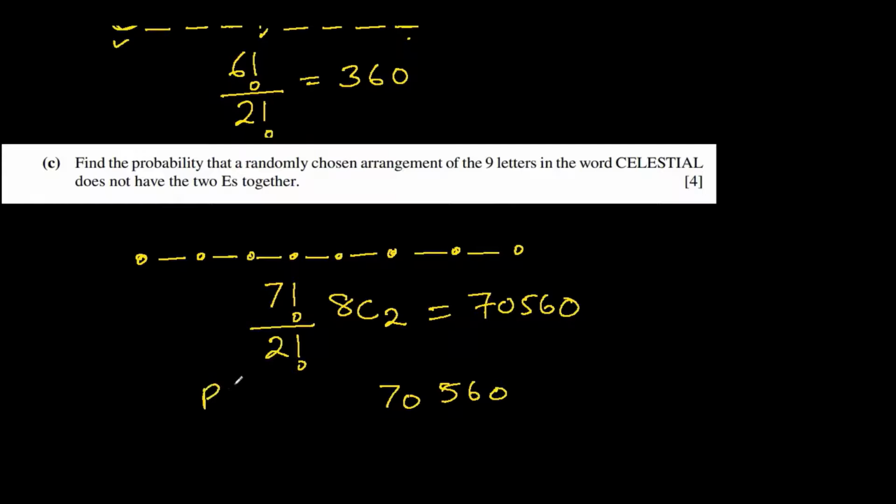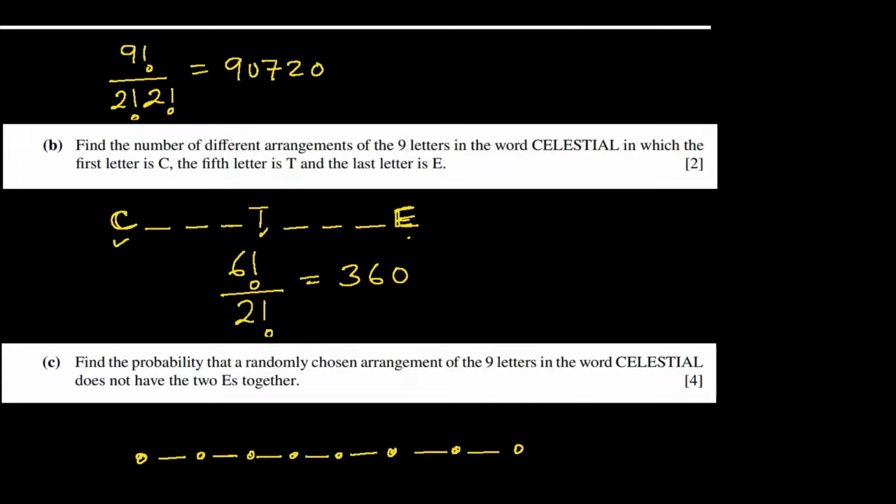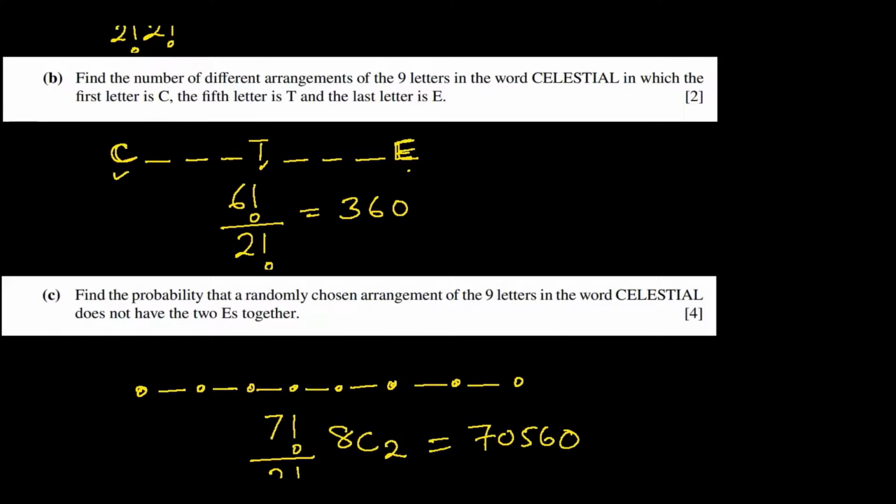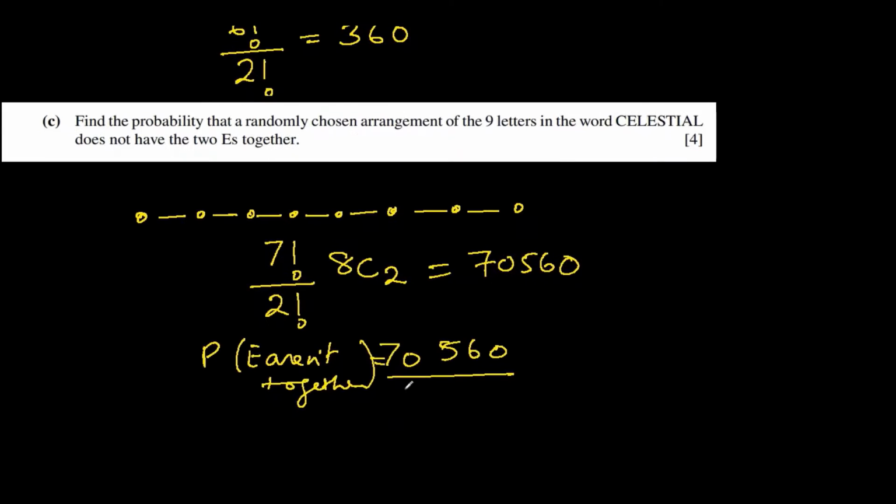So the probability that E's aren't together will be 7560 divided by the total. The total we got in A part, 90720. Which came out to be 7/9.